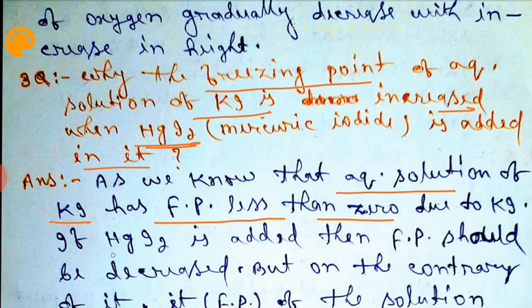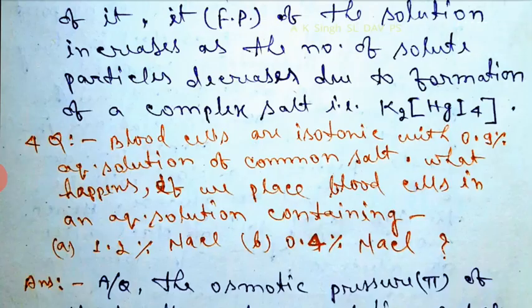If HgI2 mercuric iodide is added, then freezing point should be decreased, but on the contrary the freezing point of the solution is increased as the number of solute particles decreases due to formation of a complex salt.